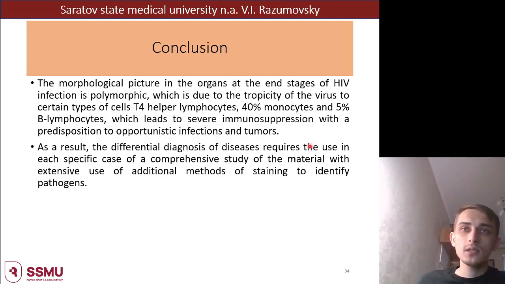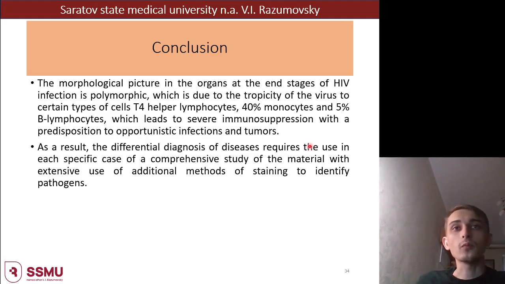In conclusion, the morphological picture of HIV infection is really different, and it depends on the type of cells which are involved in the process. First of all, most damage is localized in the T4 helper lymphocytes.